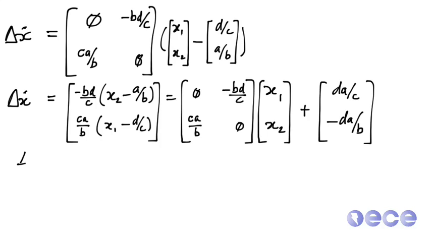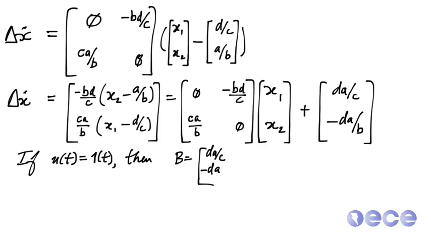Now we've separated out the multiplication of bd over c and ca over b, so that we can write it separately. Let's assume that we have some input u of t, which is a step input. Now we can write this system with a B matrix of bd over c and minus ca over b. I want to treat this matrix like a B, and I'm multiplying it by 1 of t.